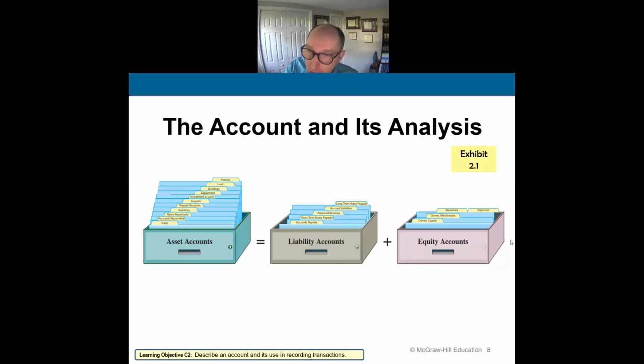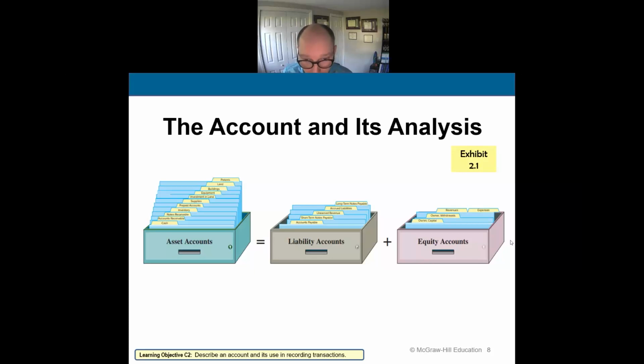Sales revenue is earned when we've either performed the service or delivered the good to the customer. That's when it becomes earned. I earn my pay because I worked, right? Revenue is earned when you've either delivered the good or provided the service. That's what makes it earned.